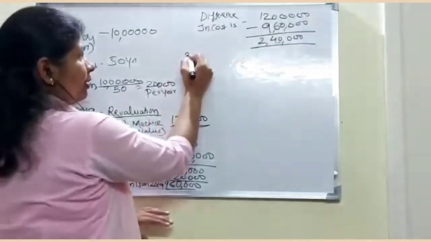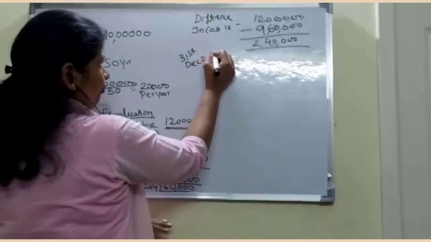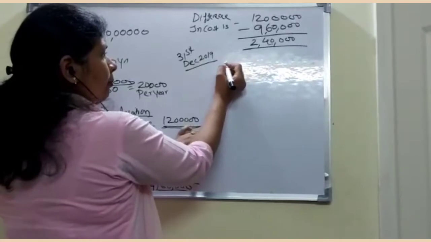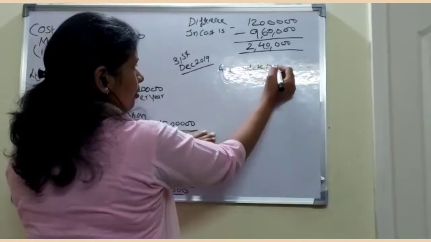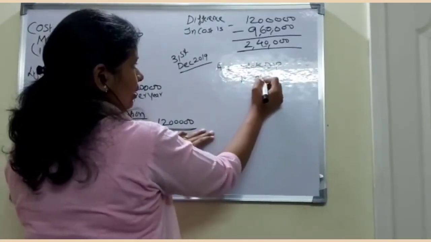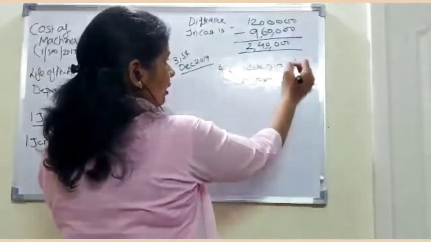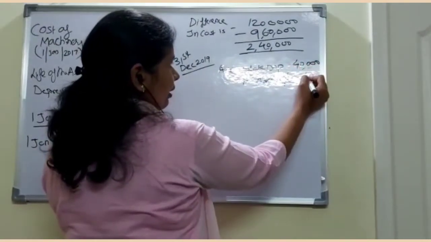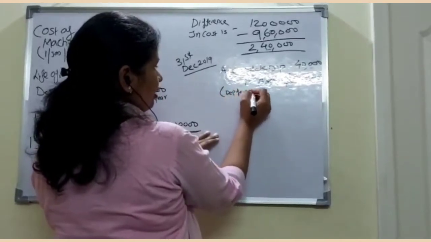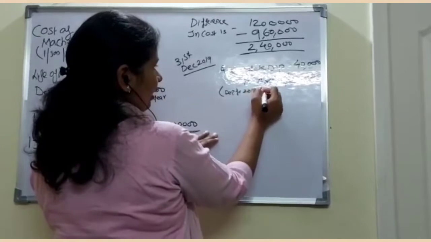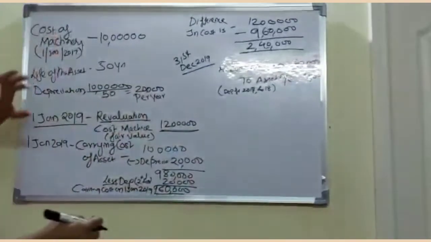Now on 1st January I am going to pass the entry: accumulated depreciation to asset account. How much will it be? It will be 40,000 rupees for 2 years, for depreciation of 2017 and 2018. Then I will give the effect of this revaluation.